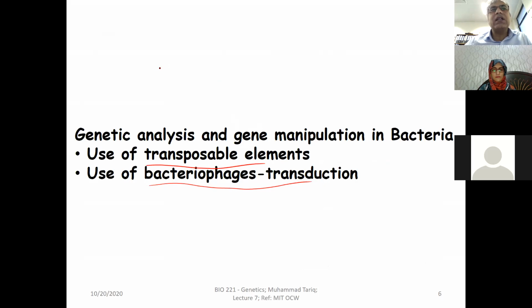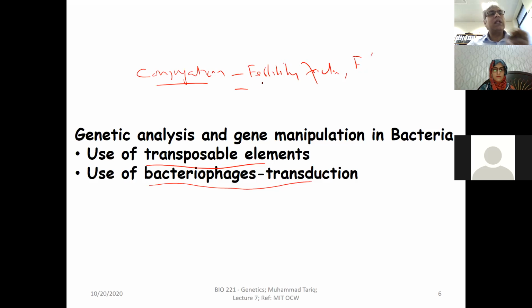In the last lectures, we talked about conjugation, fertility factor, and F prime plasmid. Then we also learned how F prime plasmids are isolated and how they can help us in genetic analysis in bacteria, for example, complementation, or to determine a mutant phenotype as dominant or recessive.